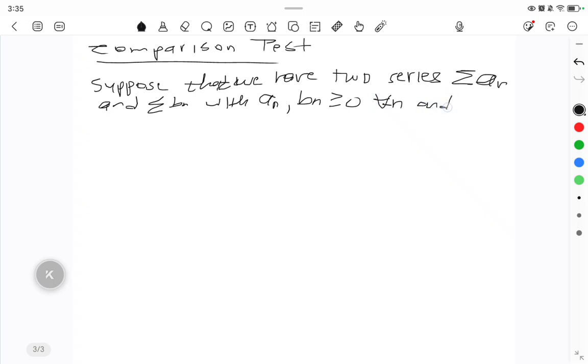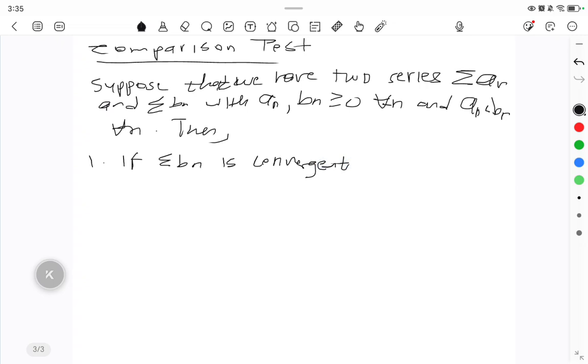Then, if we have that an is less than bn for all n, this will happen. First, if we take the summation of bn and find that it is convergent, then this an will also converge.